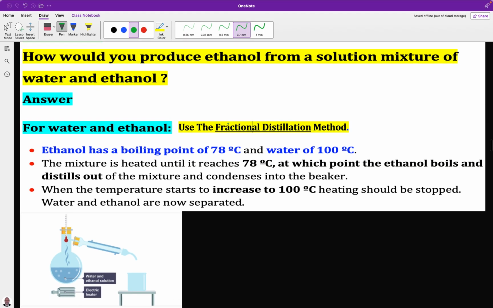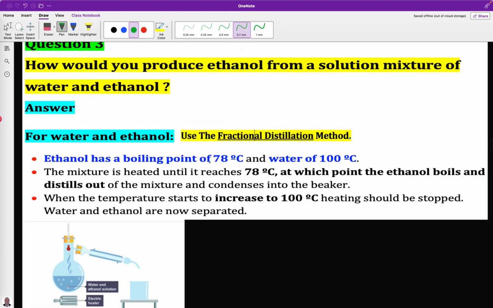Ethanol has a boiling point of 78 degrees Celsius, and water has a boiling point of 100 degrees Celsius. So we have to heat to the temperature of ethanol, not water. We don't want water to get into it. The mixture is heated until it reaches 78 degrees Celsius, at which point the ethanol boils and distills out of the mixture and condenses into the beaker. When the temperature starts to increase to 100 degrees Celsius, heating should be stopped.